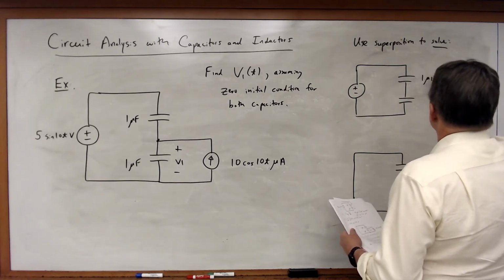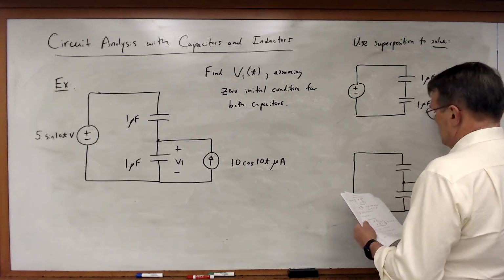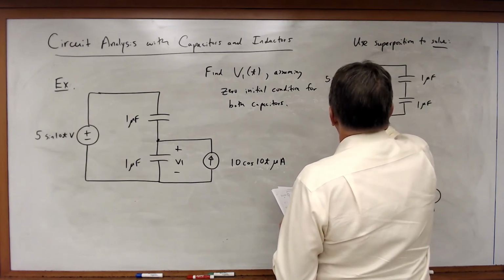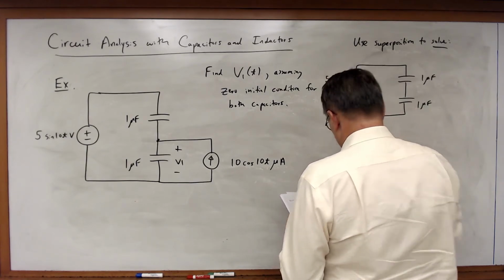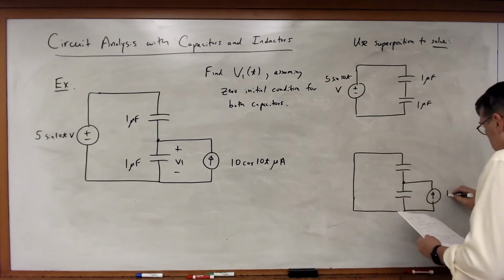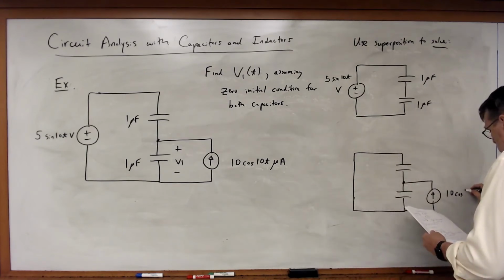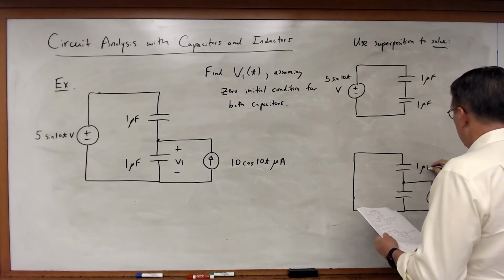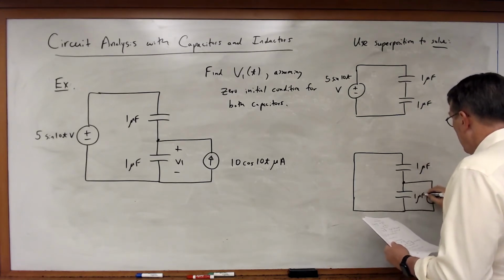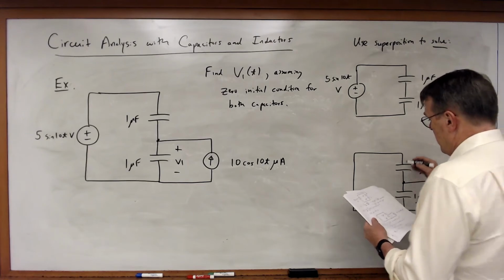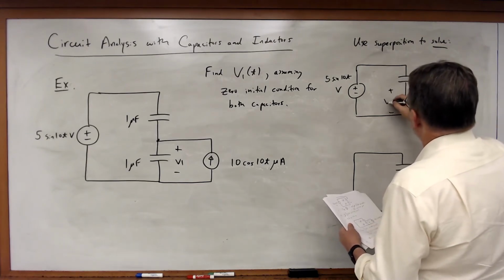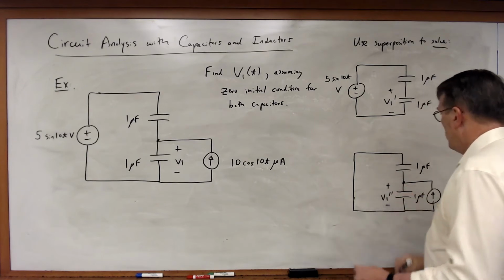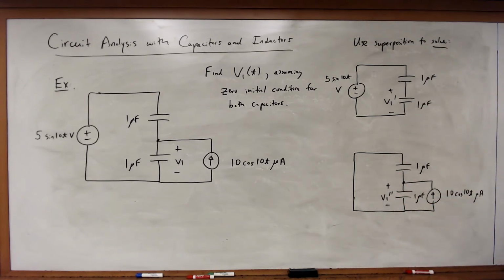So in this case, I've still got 1 microfarad capacitors. This is 5 times sine of 10t volts. And this is 10 times cosine of 10t microamps. And in this case, I want to find V1 prime, and here I want to find V1 double prime. So let's solve for each of these.